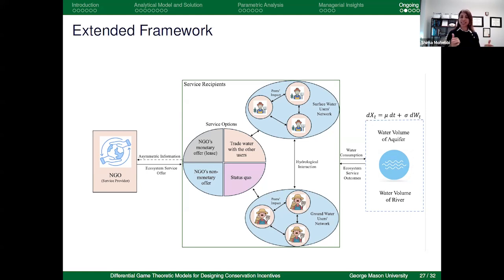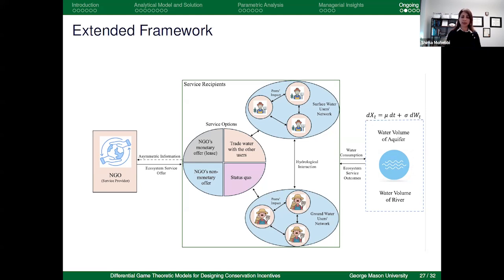Within the system, a single NGO acts as a service provider, aiming to design an efficient contract as an incentive offer.